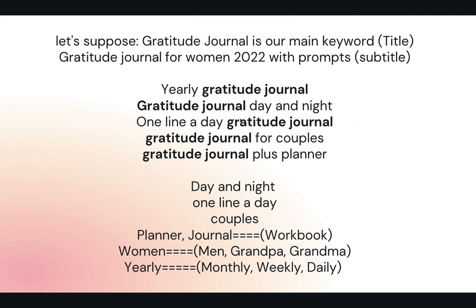But if you have watched my video where I discussed the rules of Amazon, what it allows, repeating a single word over and over again is not going to make any sense. If you write in the first box yearly gratitude journal, then in the second box gratitude journal day and night, then in the third box one line a day gratitude journal, and so on, you are repeating gratitude journal unnecessarily.